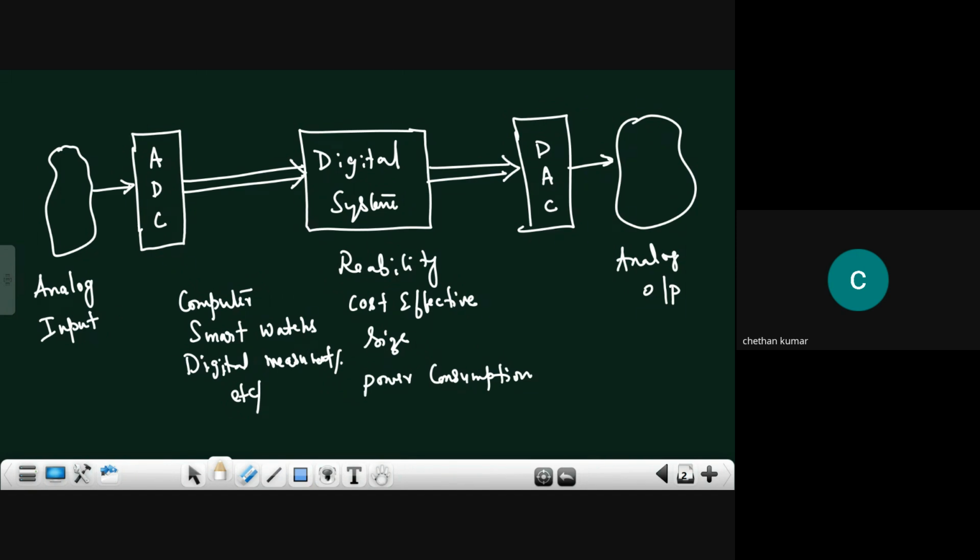Basically, a computer is a system, a digital watch is a system, and digital measuring instruments are systems. How to build a system?